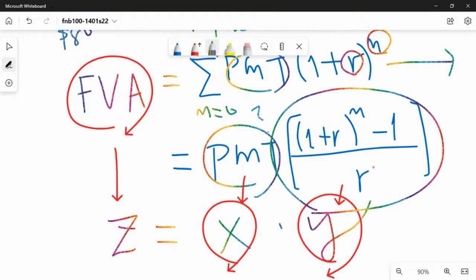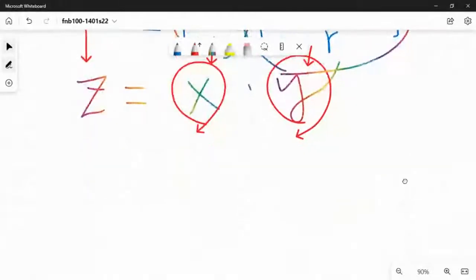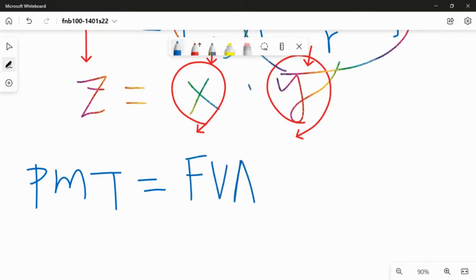So solving for payment, it's simply Z divided by Y. So payment will be FVA divided by the thing in the bracket.